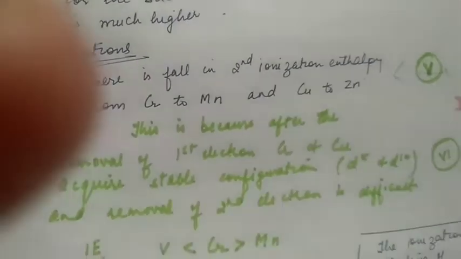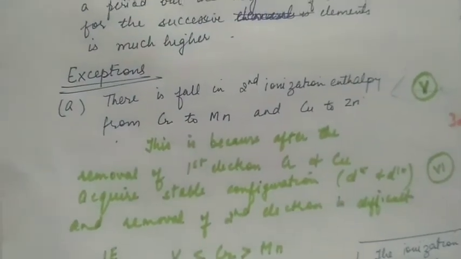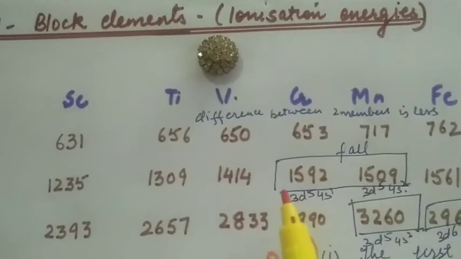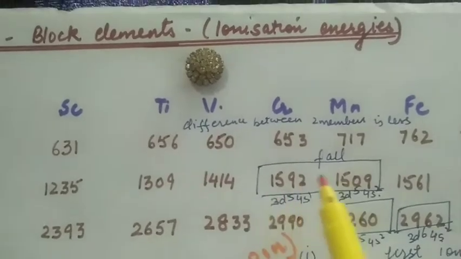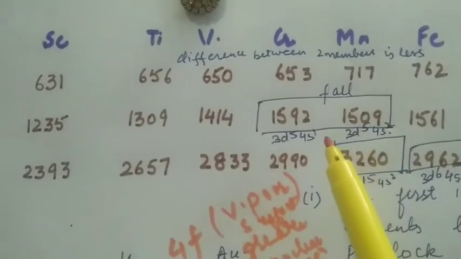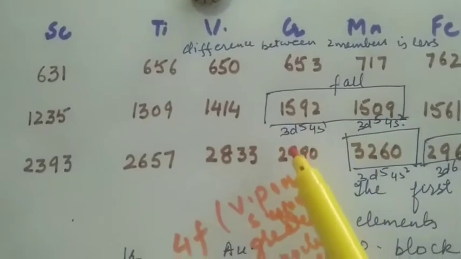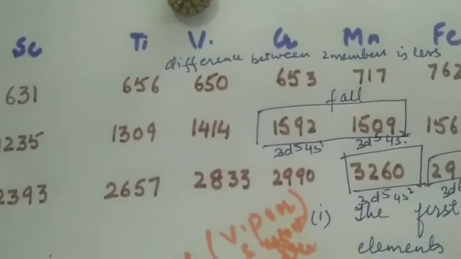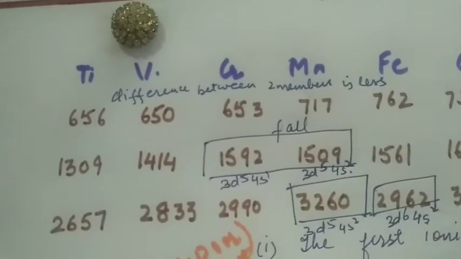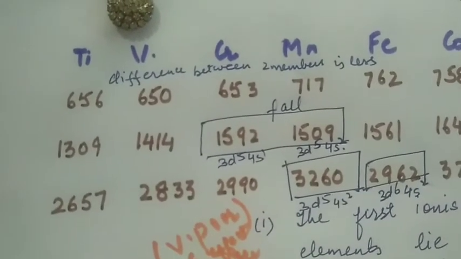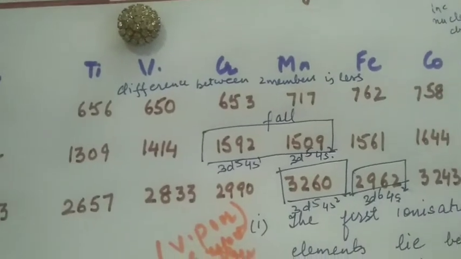For example, there is a fall in second ionization enthalpy from chromium to manganese. These are the values for second ionization enthalpy. Chromium has 1592 and for manganese this value falls to 1509. This is because chromium, whose electronic configuration is 3d5 4s1, when it loses its first electron, the configuration becomes stable 3d5, so the second electron is lost with difficulty.